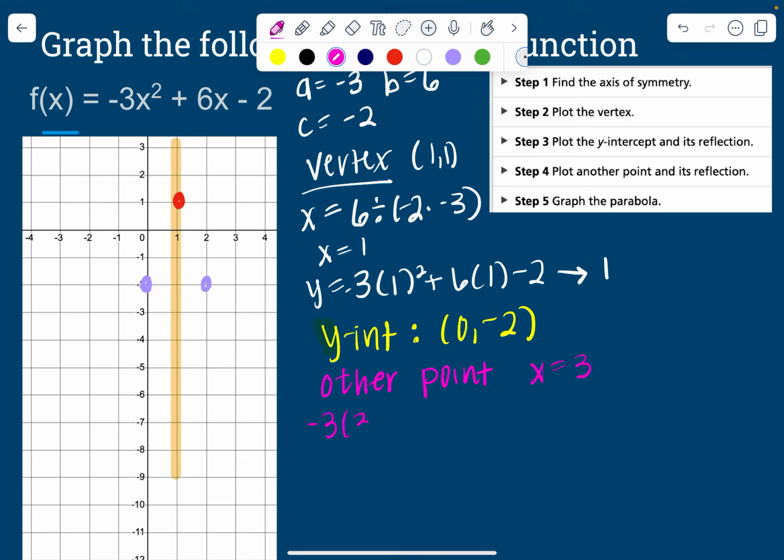So negative 3 times 3 squared plus 6 times 3, take away 2. And that gives us a y value of negative 11. So I have another point at 3, negative 11.